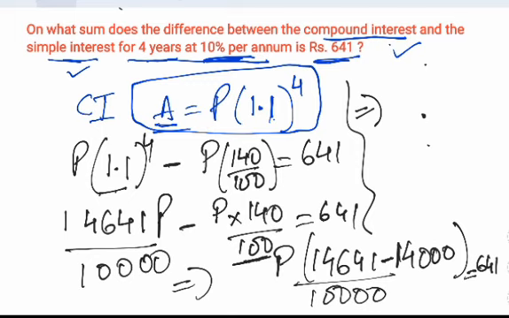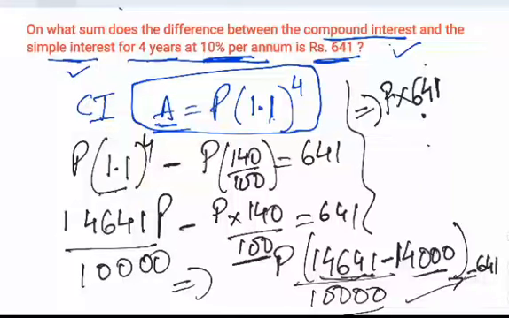So this 10,000, we'll take it over there, P into 14,641 minus 14,000, which is P into 641, because 14,641 minus 14,000 will give 641 as a remainder, equal to 641 into 10,000.